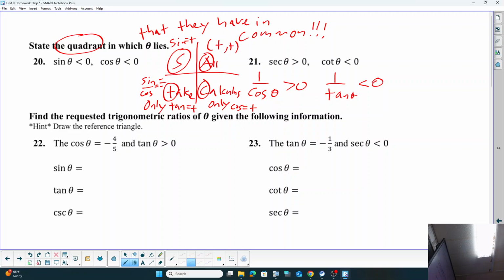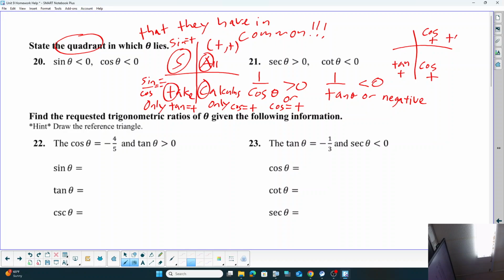So we want cosine to be greater than 0, or positive. So where's cosine positive? Cosine is positive here, and cosine is positive here. Now this one says tangent needs to be less than 0 or negative. So where is tangent negative?